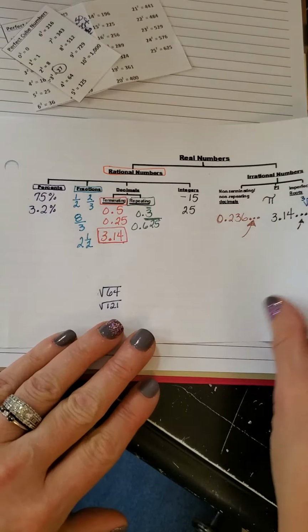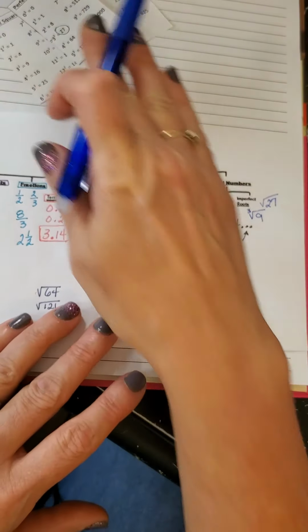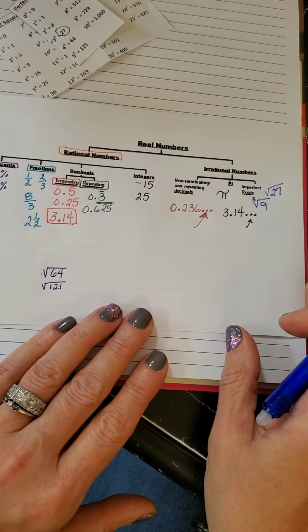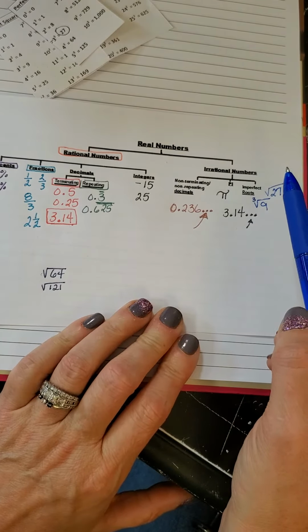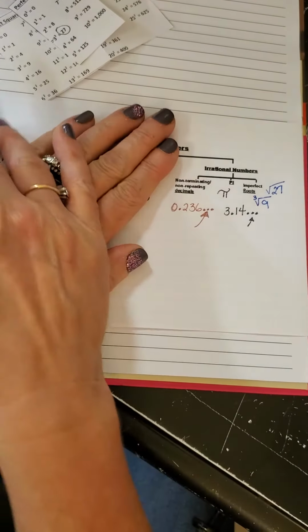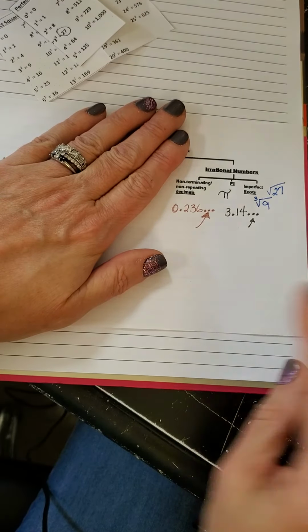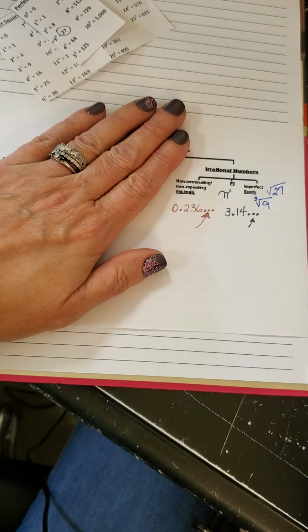So, years ago, I had my students draw some conclusions about rational and irrational numbers. And what we concluded was that you don't have to remember all of this. We don't have to think about this. We don't have to remember all this. If you can remember three things, okay?